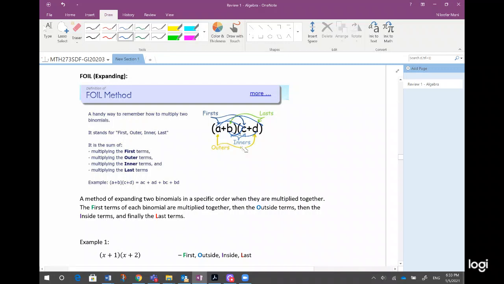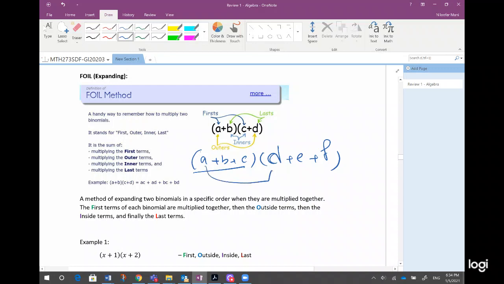I try to learn it, because how about if I have A plus B plus C multiplied by D plus E plus F? Then I need to make another term for that, like FOIL. I don't want that. I want to learn it. Of course, I start from the first bracket.